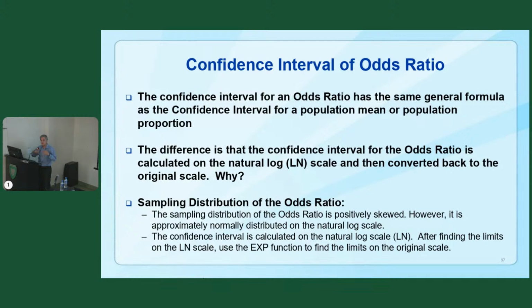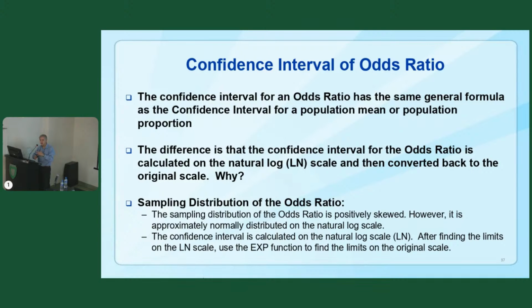If I could repeat similar studies to the one I have at hand, if I could repeat that study 100 or more times or infinitely, I would have a distribution of all possible exposure odds ratios for that association between that risk factor and that outcome. So in that theoretical distribution, there's a curve, and that curve is skewed to the right. If I take the logarithm of that, it brings it back to a bell-shaped normal curve.